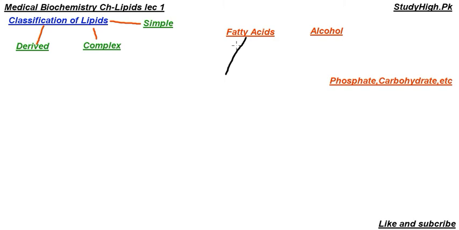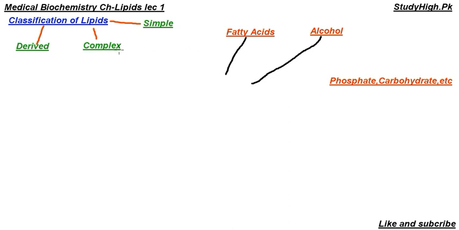So further classification is made on the basis of the nature of the fatty acid. The second important component of all types of lipids is alcohol, and it can be glycerol, monohydric, dihydric, or in most cases sphingosine. Sphingosine is also an alcohol involved in the formation of different types of lipids, and these two are also components of simple lipids.